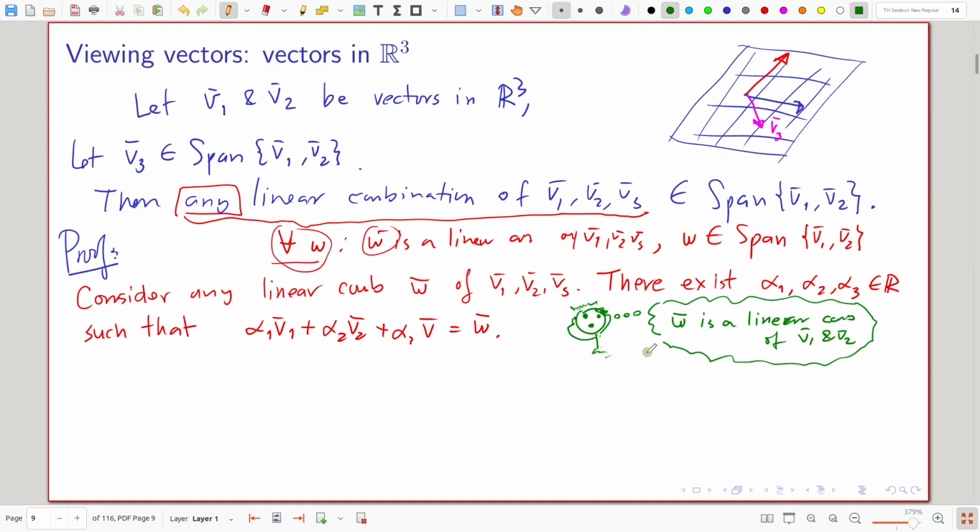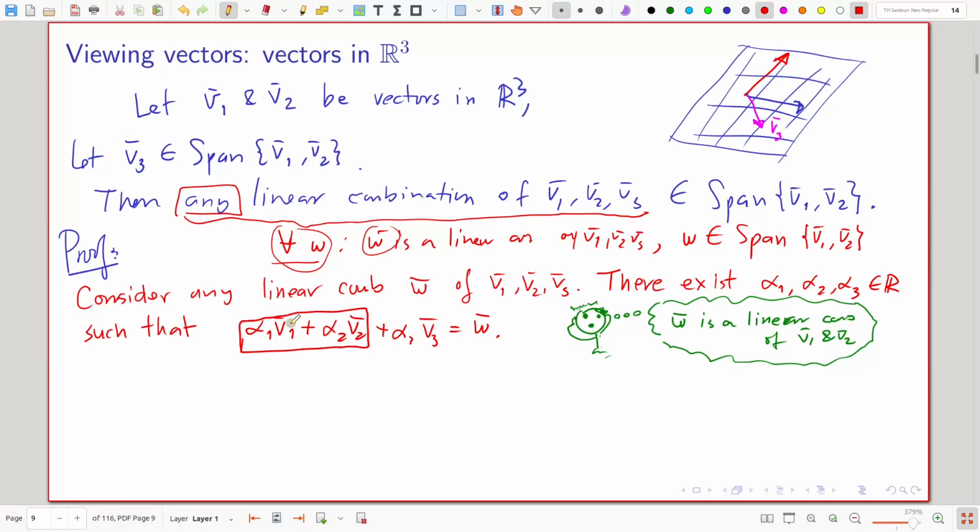Okay. So when we say W belongs to the span of V1 and V2, we say this, right? It's a linear combination of V1 and V2. Okay. So how can we say that W is a linear combination of V1 and V2? So W is like, you see something here, right? This part of W is clearly a linear combination of V1 and V2, right? But we have some extra V3 here, right?